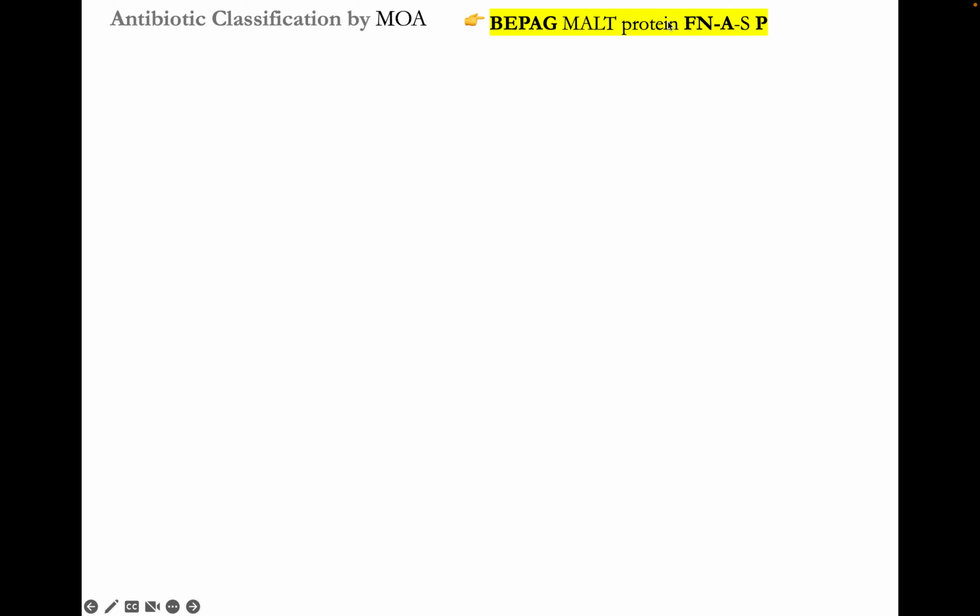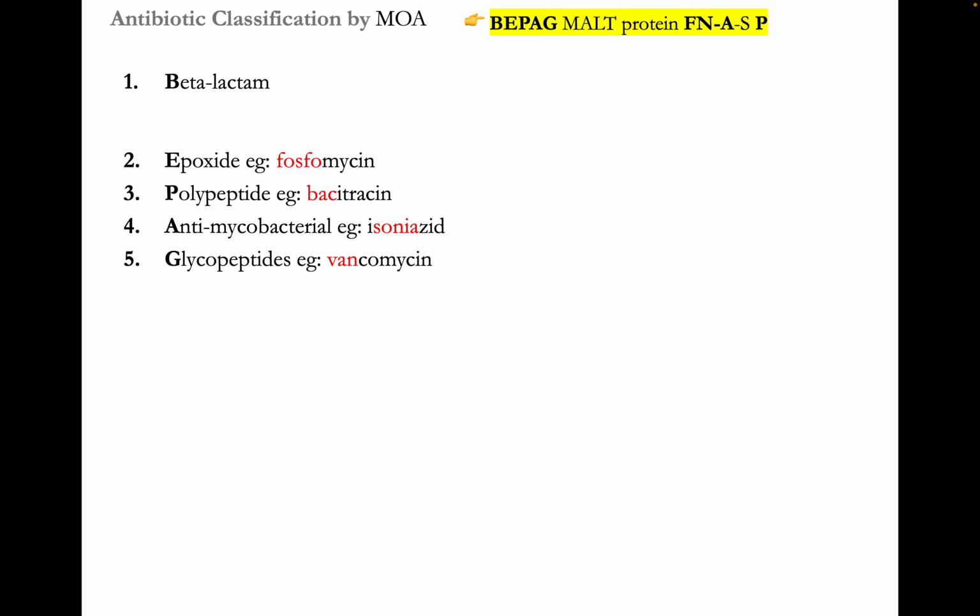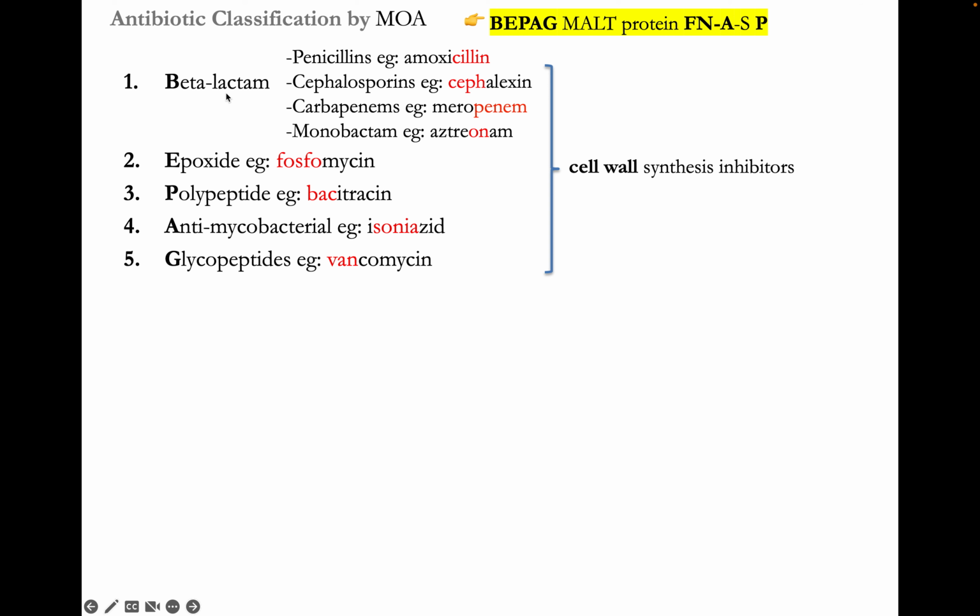All these caps letters represent the class names, and the bold letters represent the bactericidal antibiotics. Okay, let's look at that. The first five classes are cell wall synthesis inhibitors, and the first one, beta-lactam, is a large class with subdivisions. This includes subclasses also.